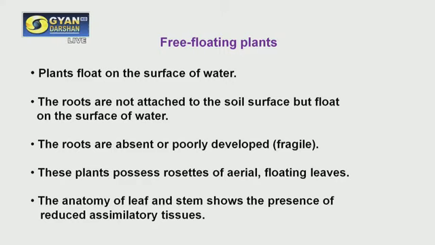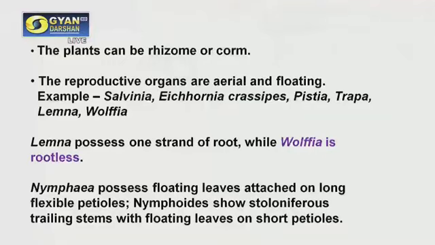The anatomy of leaf and stem shows the presence of reduced assimilatory tissues. So the main feature is that these type of plants are freely floating, and in most of the cases they have floating leaves. So they are called the free floating hydrophytes. The reproductive organs are also aerial and floating. Some of the examples are Salvinia, Eichhornia crassipes.